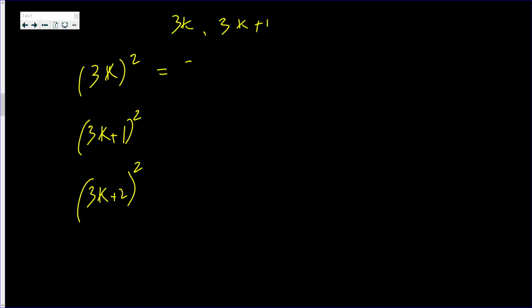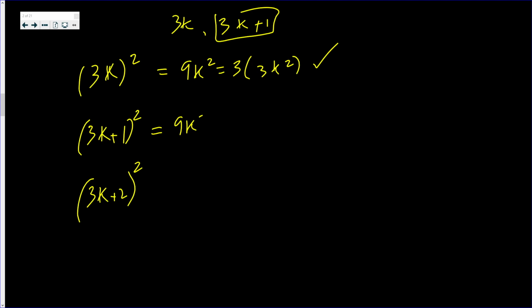Well, when you square the first one, you get 3 times 3k squared, which is of this form. If you square this one, you get 9k squared plus 6k plus 1. That part I just bracketed is a multiple of 3. This is a multiple of 3 plus 1. That's just what we said you can be.